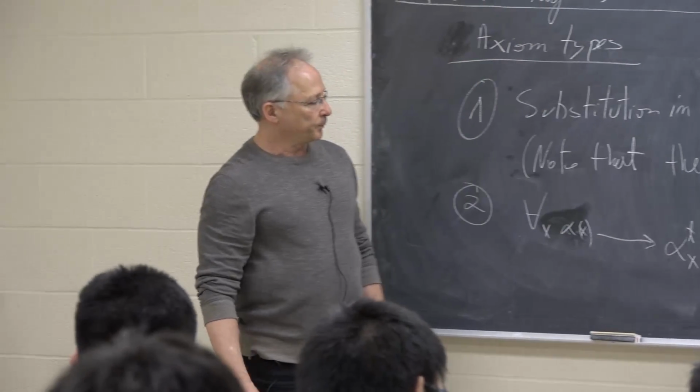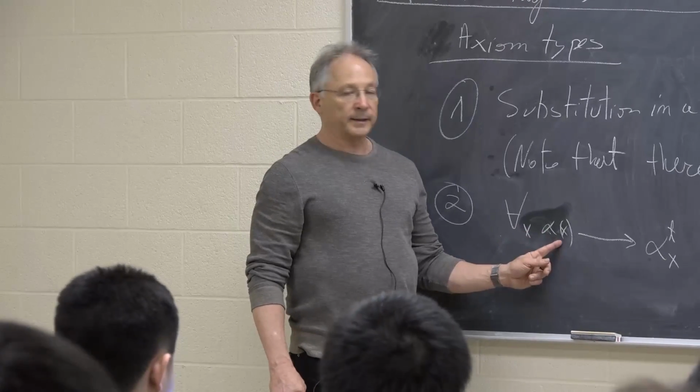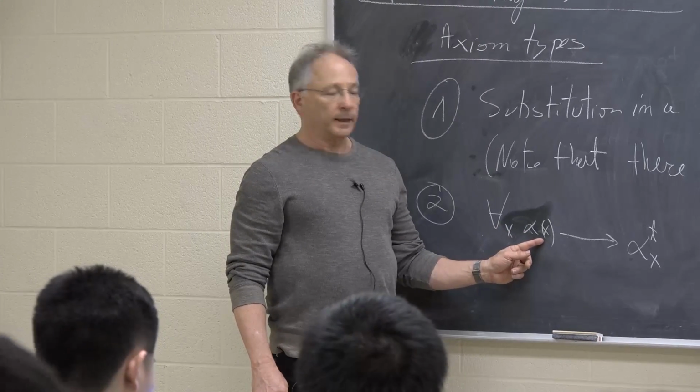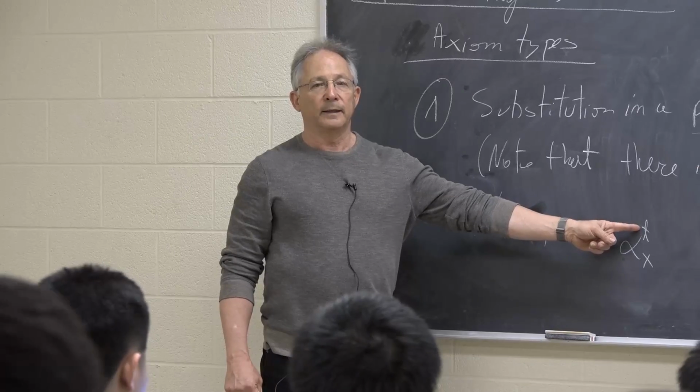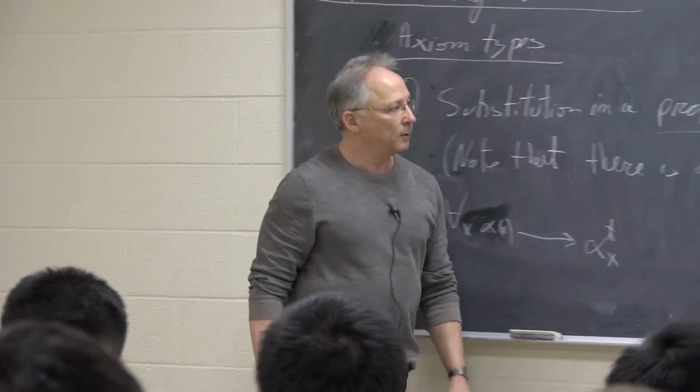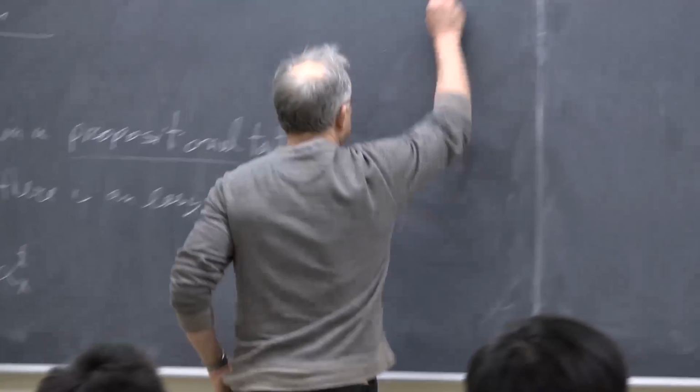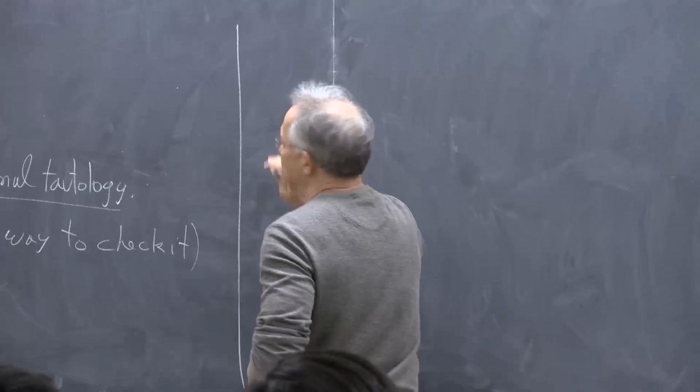This means that if I have a formula for all x alpha x, then I can take any term t and substitute for x. So alpha t x is just a notation.